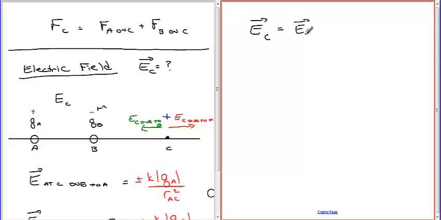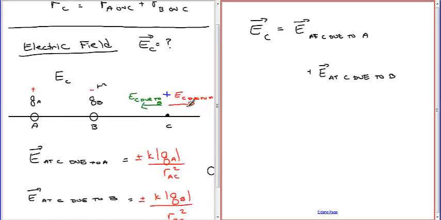So the electric field at C is the electric field at C due to A plus the electric field at C due to B. And again, the red one, this first one, A, is going to be a positive number, and this one's going to be a negative number.